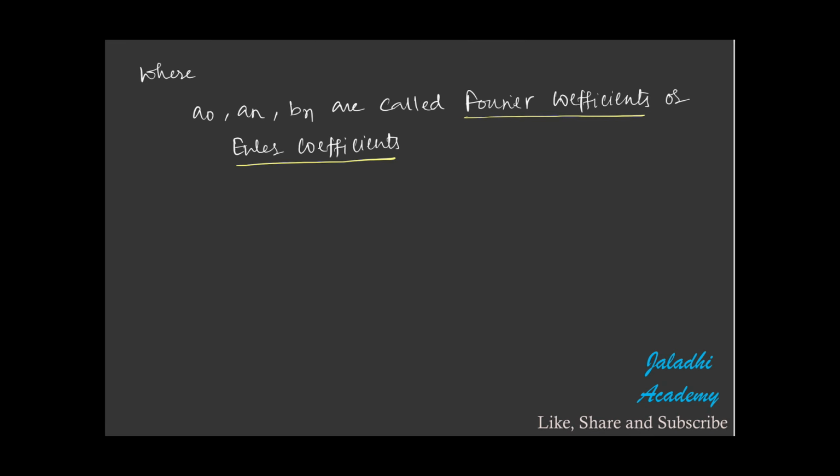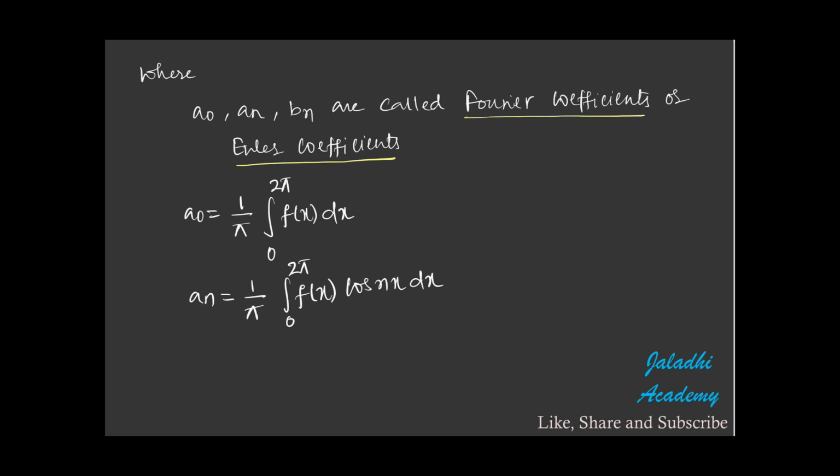Now we can define those. How are a naught, a n and b n given? a naught is given by the formula 1 by pi, integration from 0 to 2 pi of f of x into dx, and a n is given by 1 by pi, integration from 0 to 2 pi of f of x into cos nx into dx, and the last one, bn, is equal to 1 by pi, integration from 0 to 2 pi of f of x into sin nx into dx.